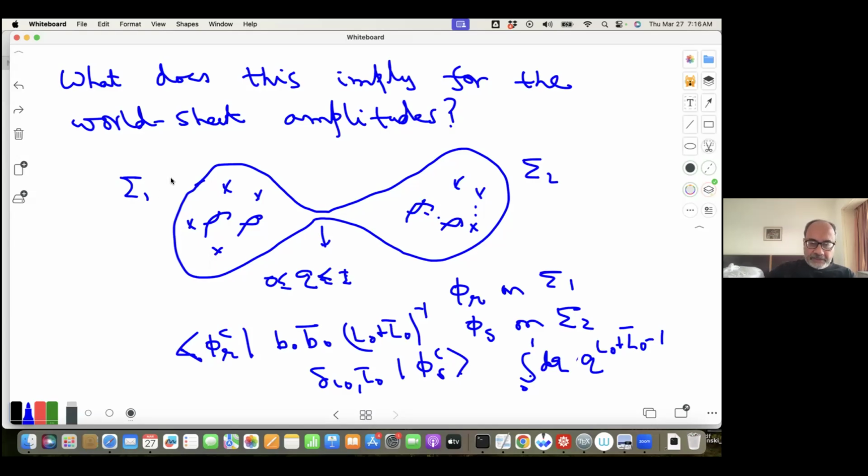The other information is not necessary for on-shell amplitudes, but when you are trying to define off-shell amplitudes, it makes a difference, and that is that, if you recall, around each of these punctures we cut out a disk and introduce a local coordinate system, WA.